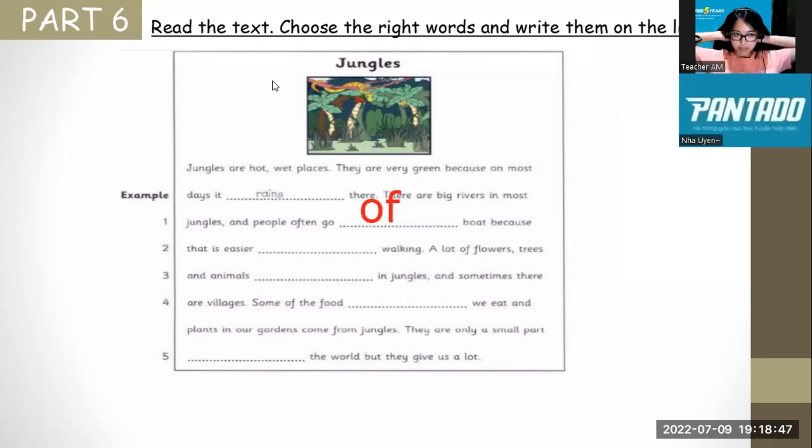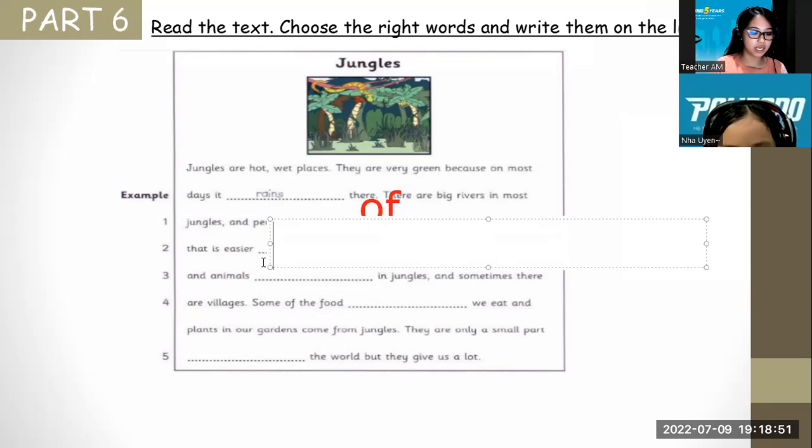Animal walking. Okay, animal. That is easier.